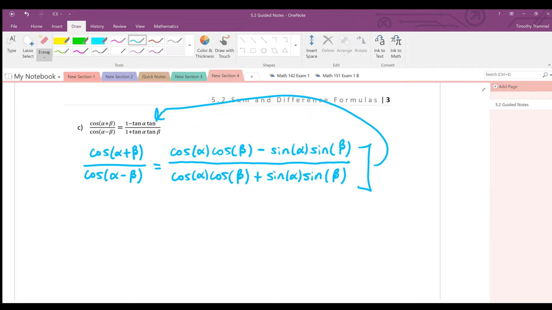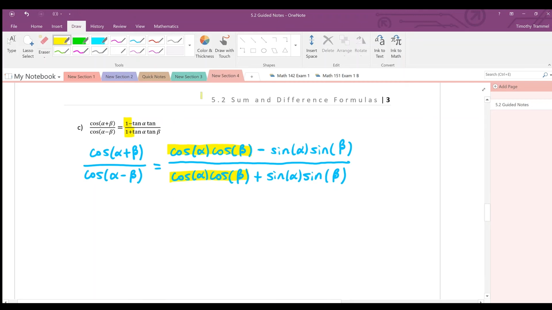So I do notice one extremely helpful thing here. Notice this one and this one here, and also notice how these two terms here are also the same. Point is, in that left-hand side of that fraction, there is a 1 in the numerator, 1 in the denominator.